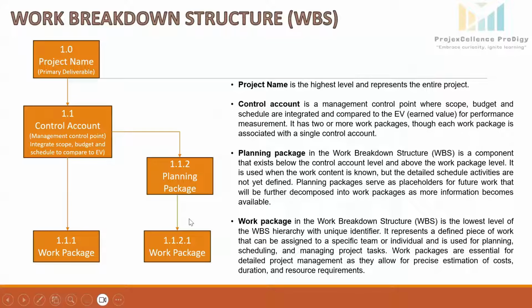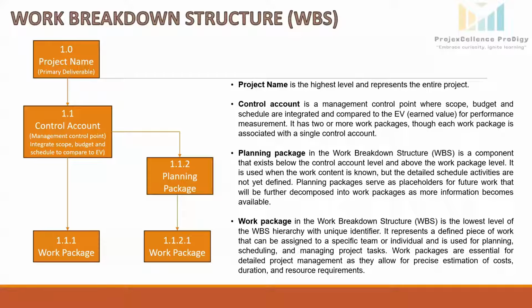Work package. A work package is the smallest or lowest unit in the WBS hierarchy, meaning it cannot be broken down further. Each work package contains a specific piece of work to be completed. Each work package is assigned a unique identifier, this one, which helps to track and manage that specific work across the project.